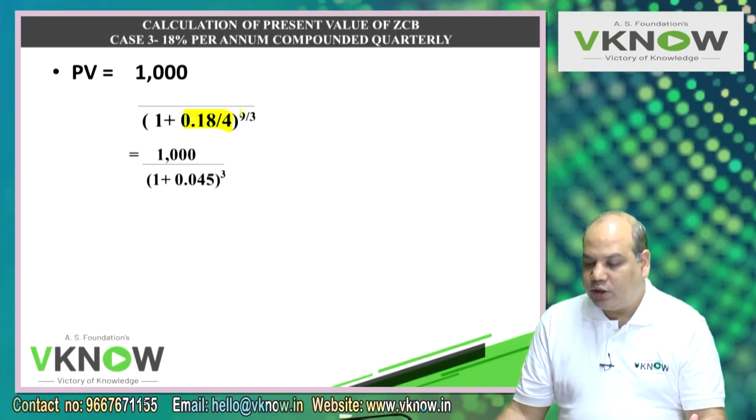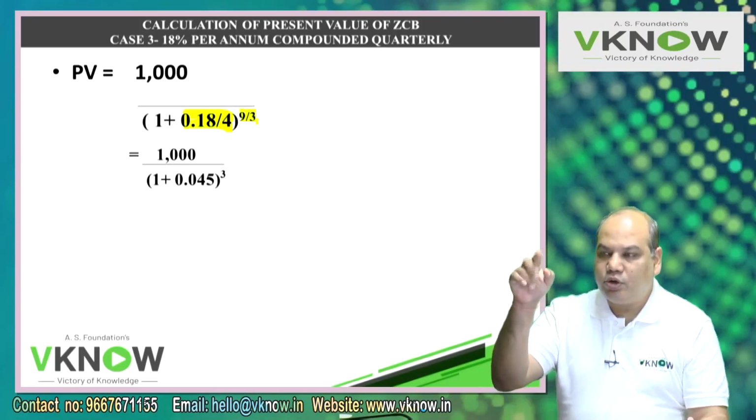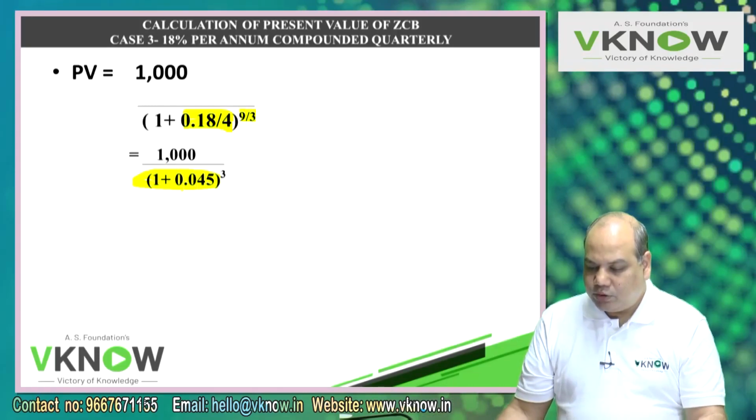So mentally do the 9 by 12 into 4. So 4 will cut 12, you will get 3. So it becomes 9 by 3. And then you simplify it for further calculation. 1000 divided by 1.045 to the power 3. Now the power is a whole number.